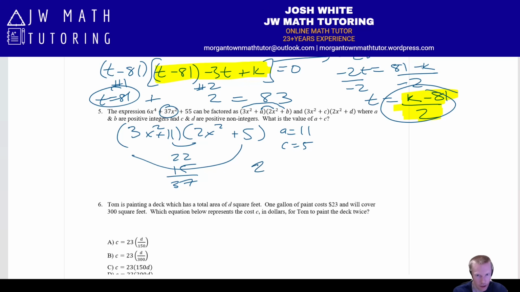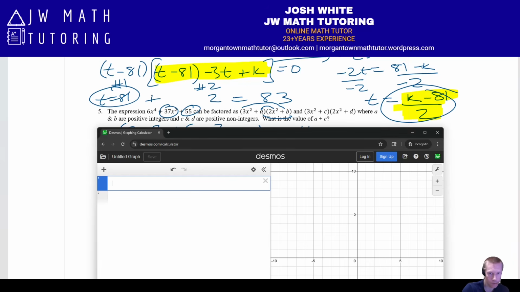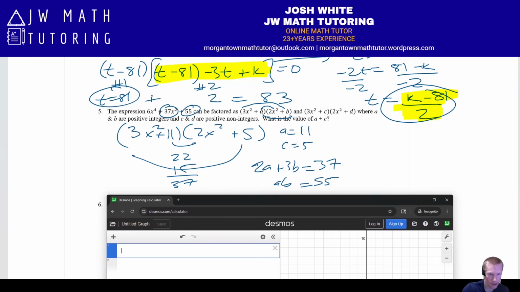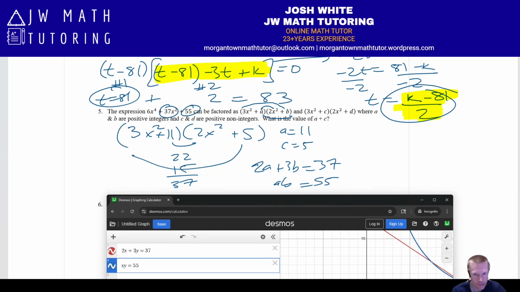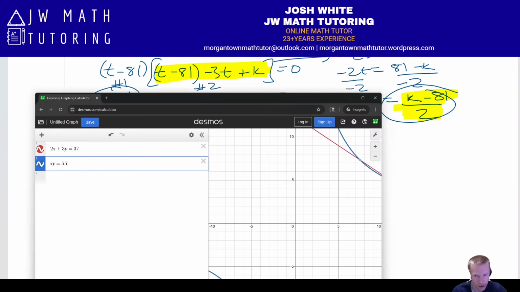So 2a plus 3b equals 37. And then also you need the last two terms multiplied, a times b, to equal 55. So you set up a system of equations using that, except I'm going to use x and y. And then you just look for the solutions. Those are going to be your a and your b and your c and your d.